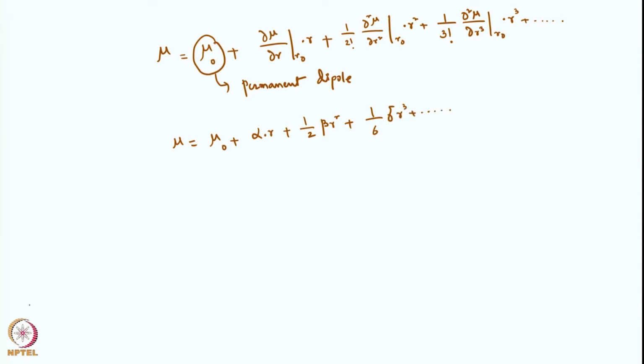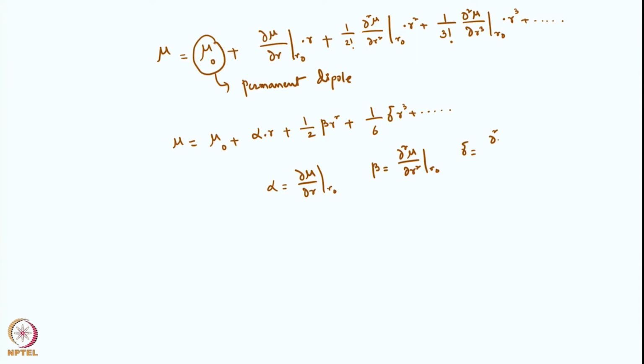where alpha equals d mu by dr evaluated at r naught, beta is nothing but d square mu by dr square evaluated at r naught, and gamma equals d cube mu by dr cube.